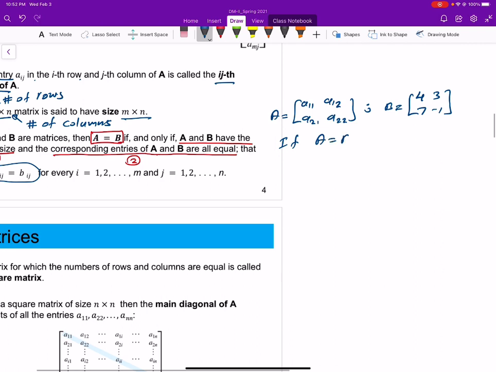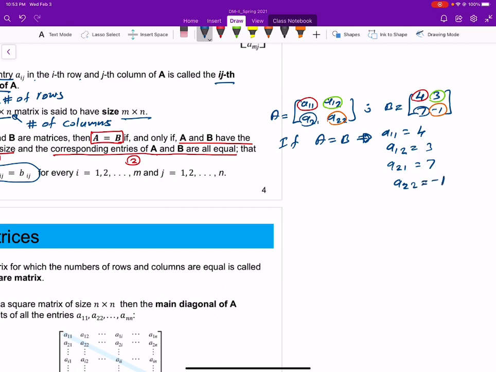If A equals B, all the corresponding elements are equal. That means this equals that, this equals this, and so on. So that implies A11 equals 4, A12 equals 3, A21 equals 7, A22 equals minus 1.